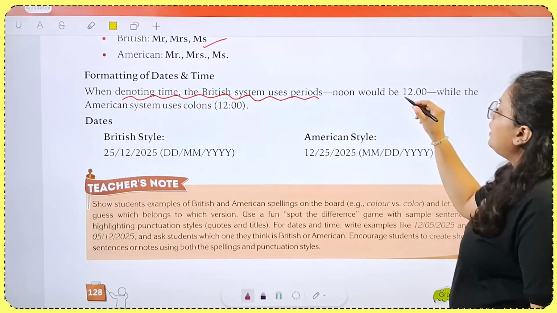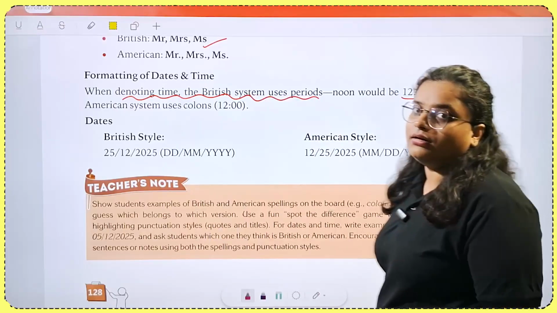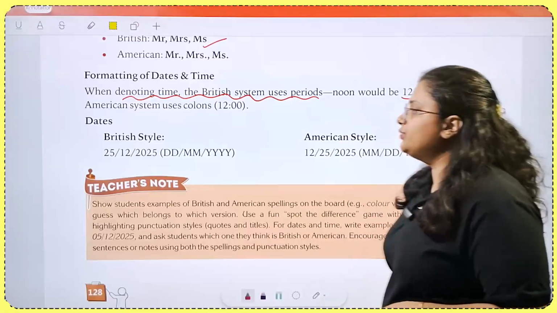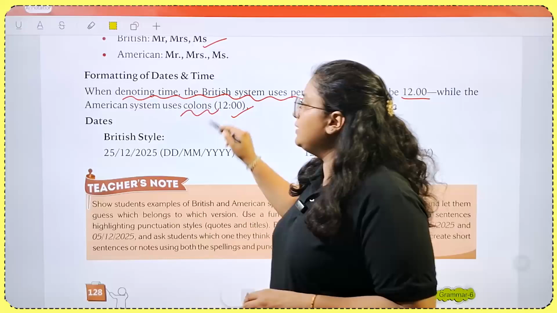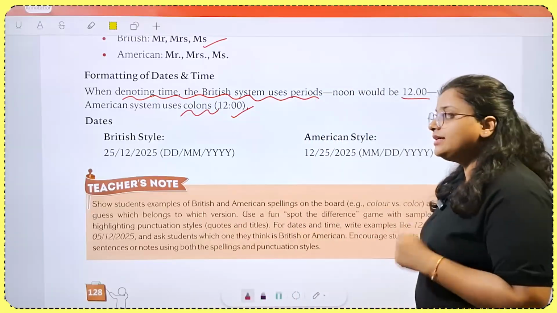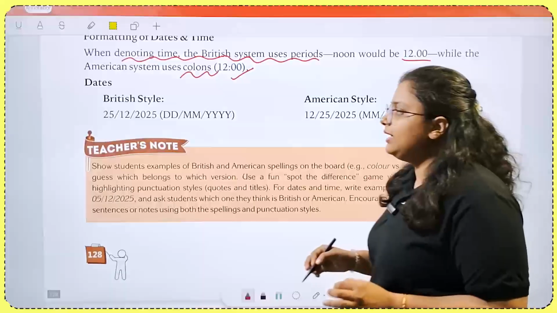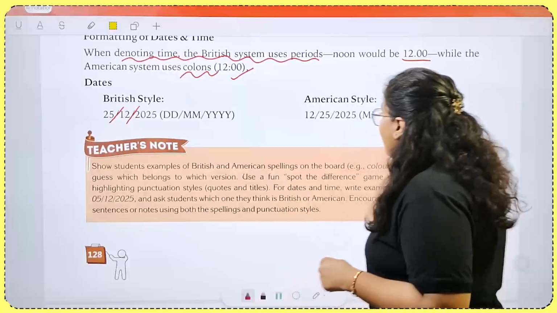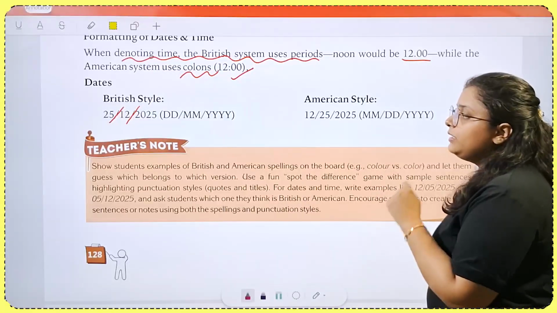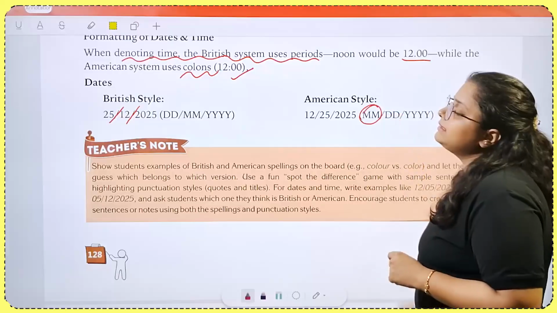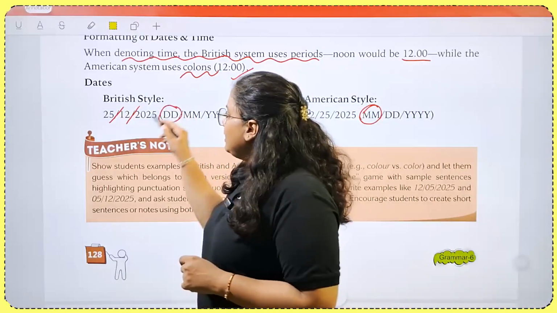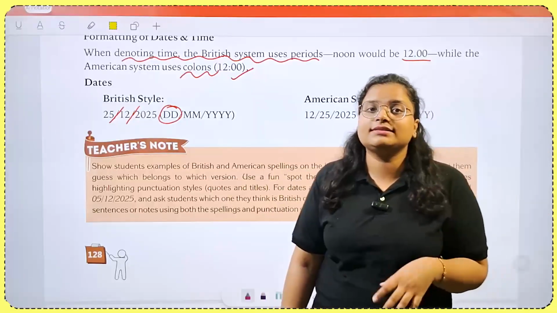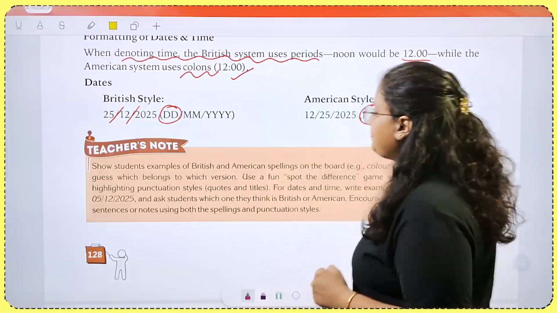Noon would be 12.00. But American English uses colons to show time. In dates, the slash is used in both, but the order changes. In American English the month is written first, and in British English the date is written first. And you can see how much influence there is of British English.